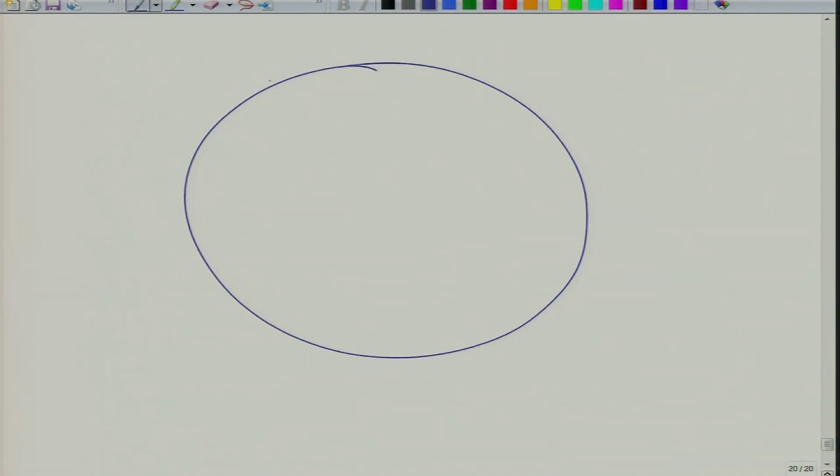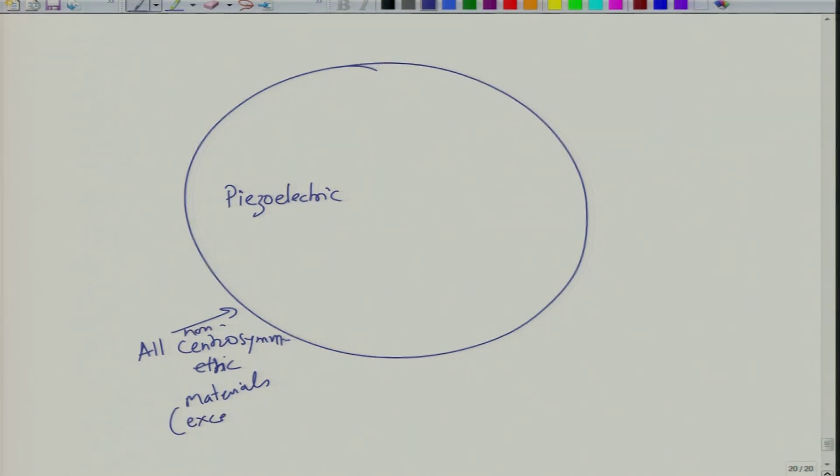So if you now look at it, all non-centrosymmetric materials are piezoelectric, except 432. My apologies, I said centrosymmetric earlier, but all non-centrosymmetric materials are piezoelectric except 432.